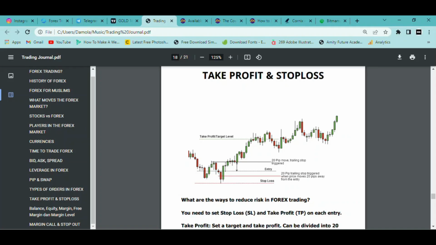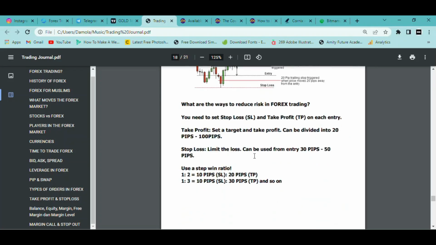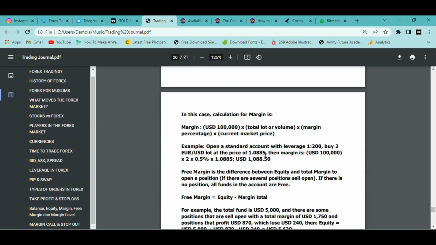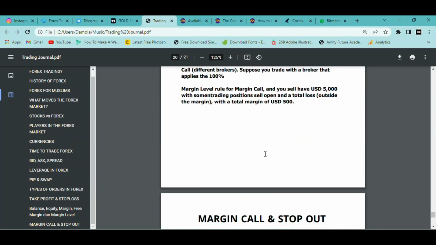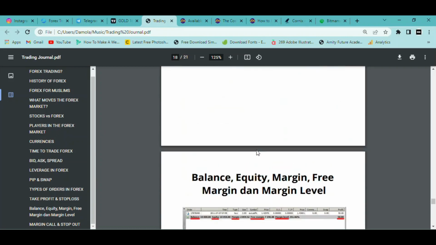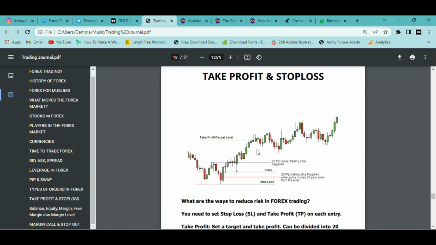So these three parameters are very, very important, and we're going to dive much into that.